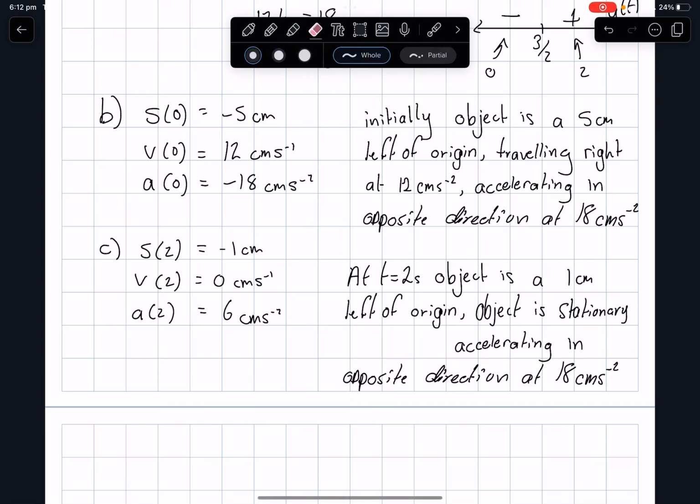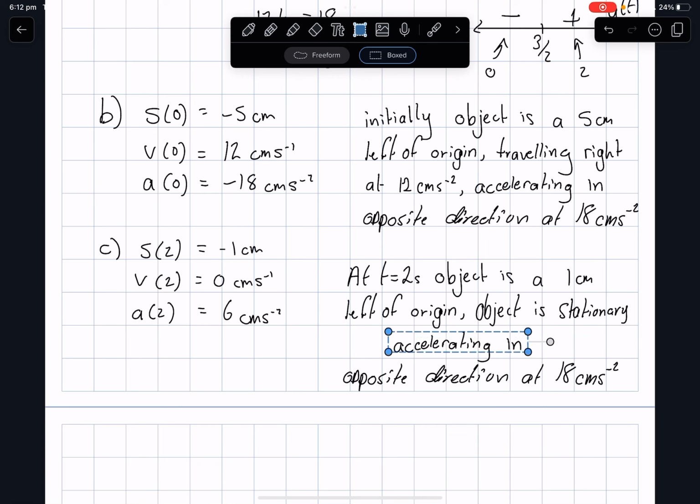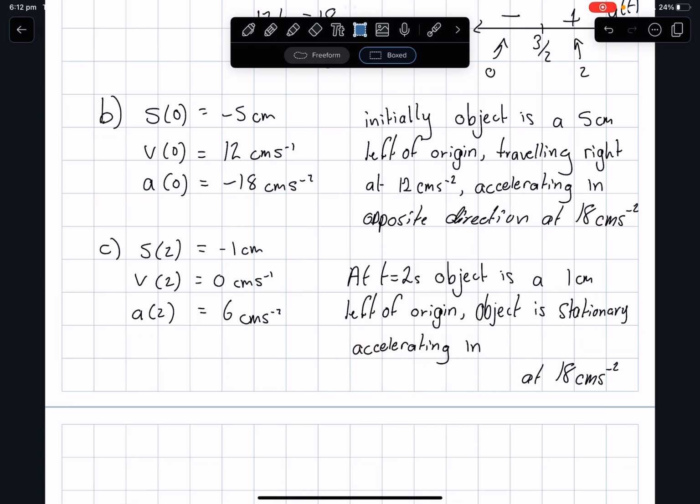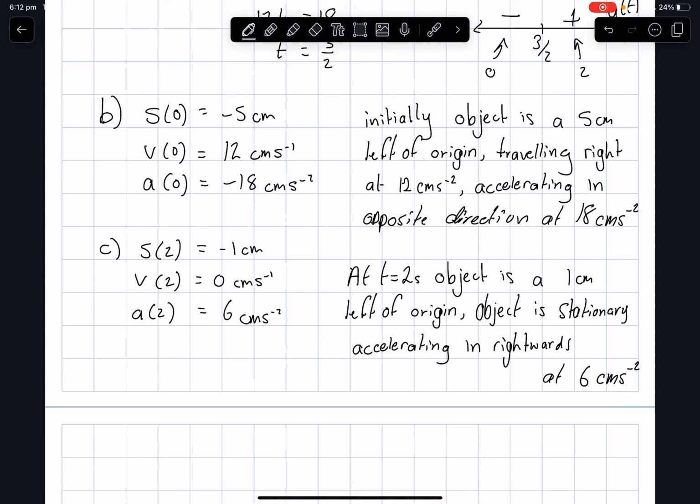And it's accelerating not in the opposite direction, so we can go accelerating rightwards at 18. It's not going to be 18 though, it's going to be 6 centimeters per second squared. Okay, so the sentences don't change too much, you've just got to put context behind them.